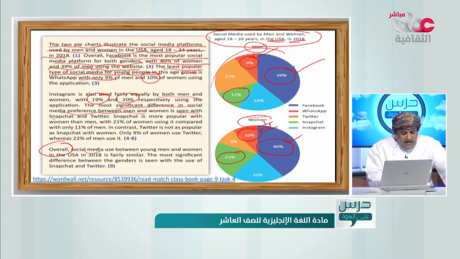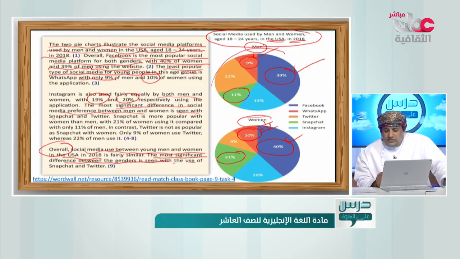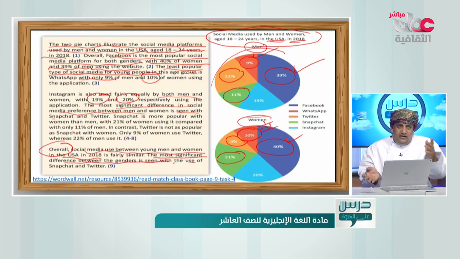Overall, social media used between young men and women in the USA is fairly similar. It's not very big differences. The most significant difference between the genders is seen in the use of Snapchat and Twitter. Yeah, because we have here 22 for men and only 9% for women. This is the difference between them.